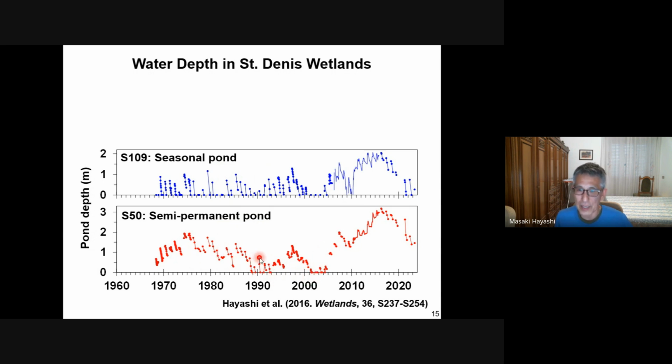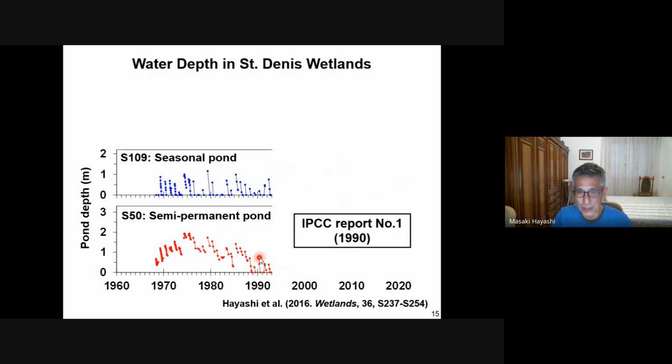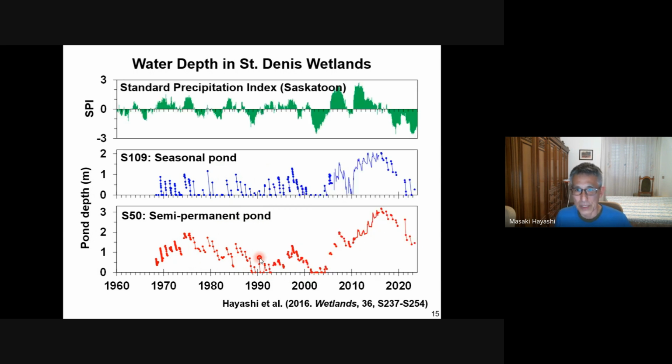You have to have this long-term view because the climate, or I would say weather, has this pattern. When they were monitoring these ponds in the early stage, from the 60s to 90s, they were in a period where the dry and wet periods repeated every five or so years.